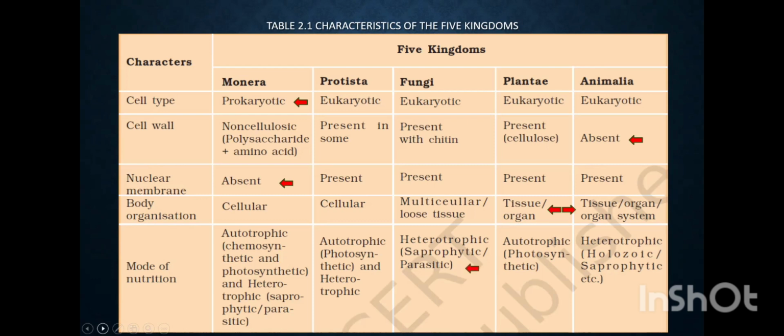As far as the mode of nutrition is concerned, fungi and Animalia are only heterotrophic, whereas Plantae is only autotrophic. In Monera and Protista, we find both autotrophic as well as heterotrophic modes of nutrition. So this table, please don't forget, you have to revise it again and again and remember it.